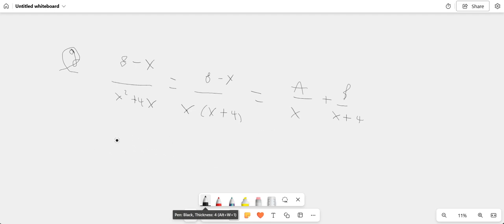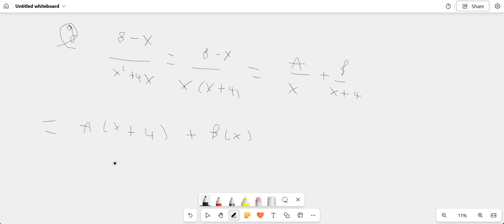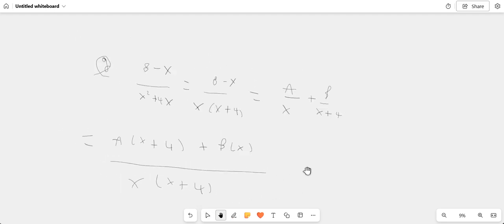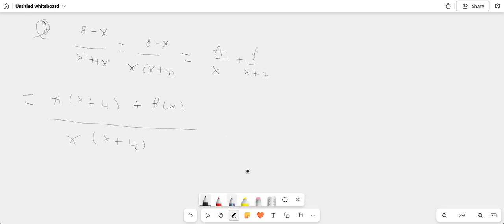So that's going to become a open bracket x plus 4 plus b open bracket x close bracket over x open bracket x plus 4. So that means top is equal to top here. So 8 minus x is equal to a open bracket x plus 4 plus bx.